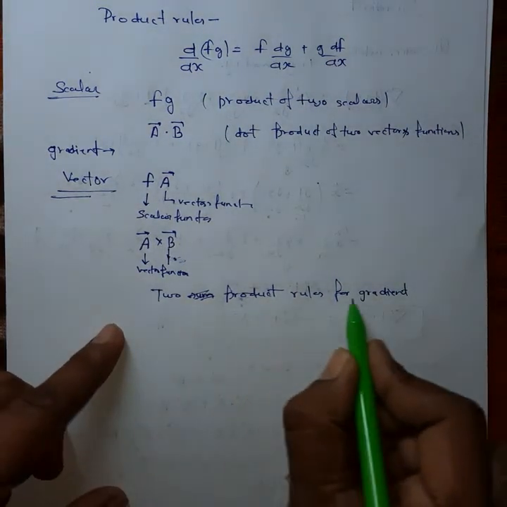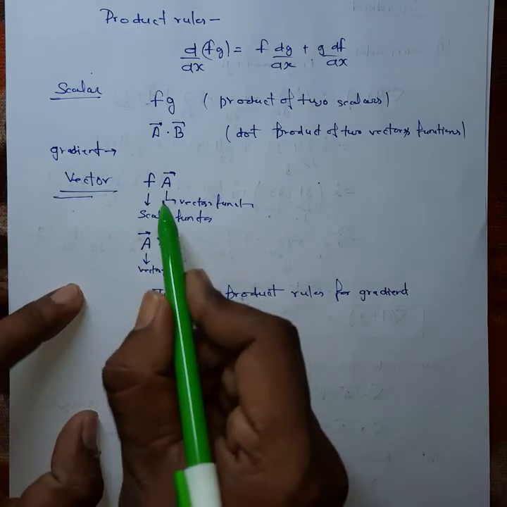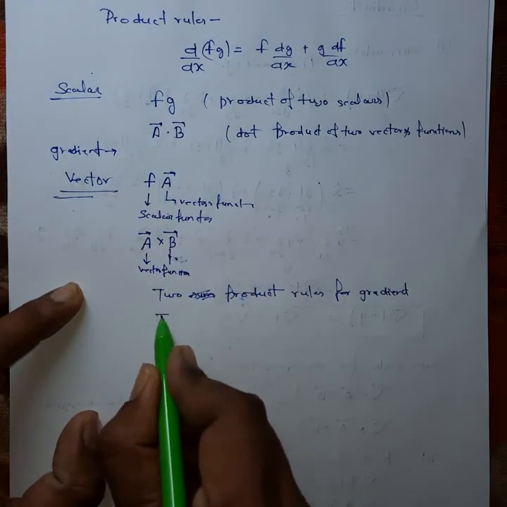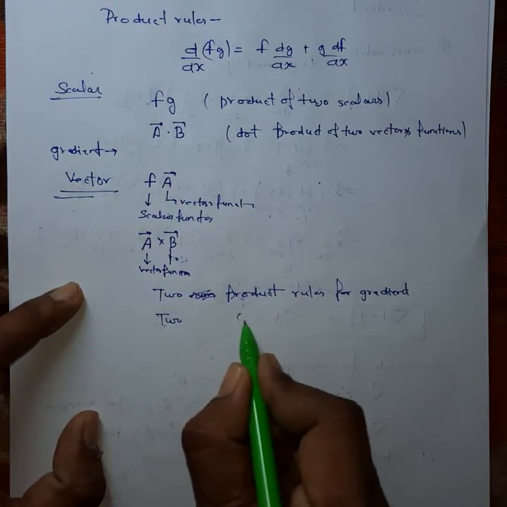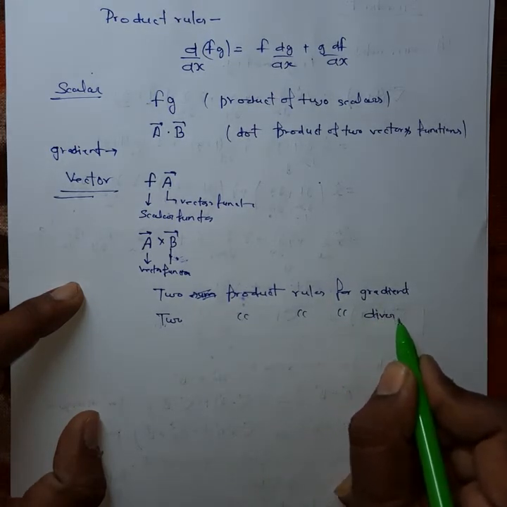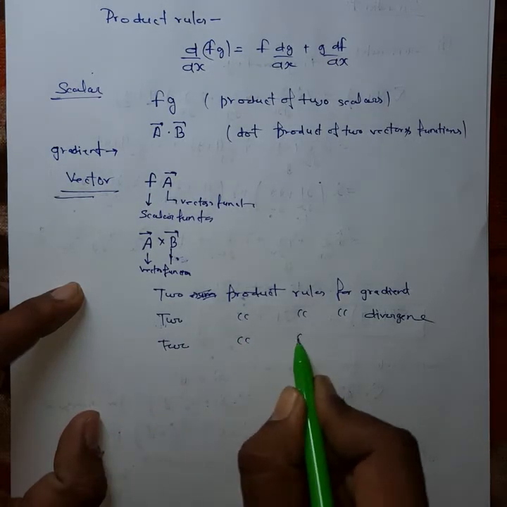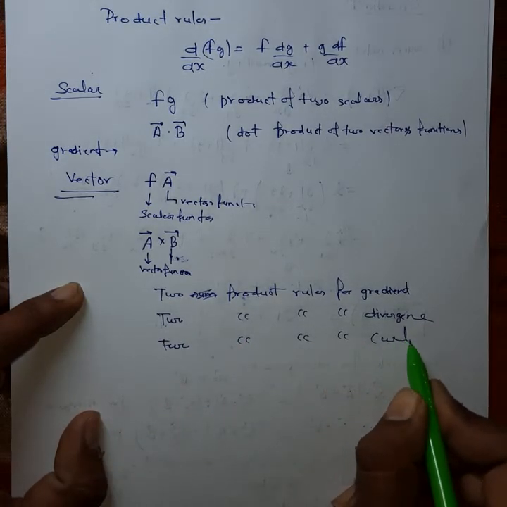Similarly, you can make vectors in two ways, so two product rules for divergence, and there exist two product rules for curl.